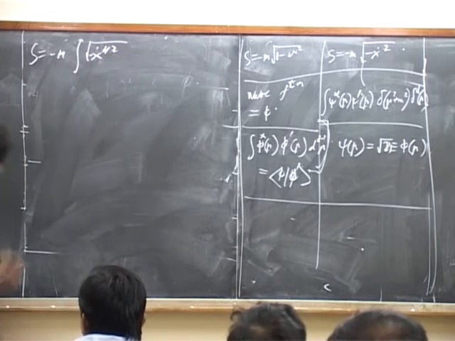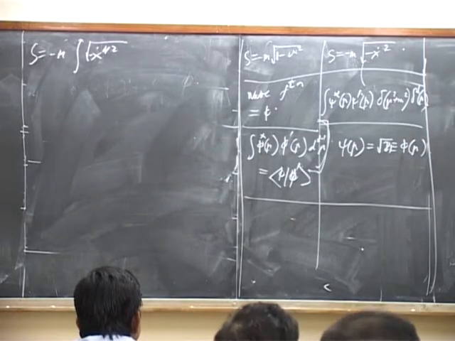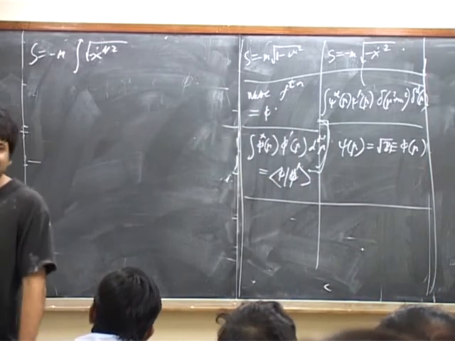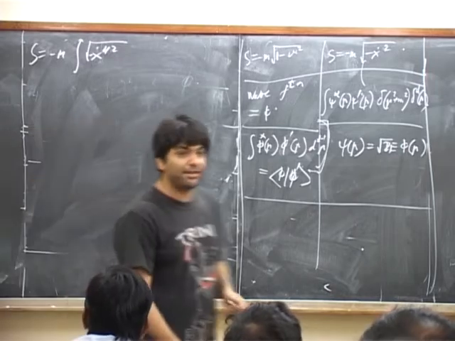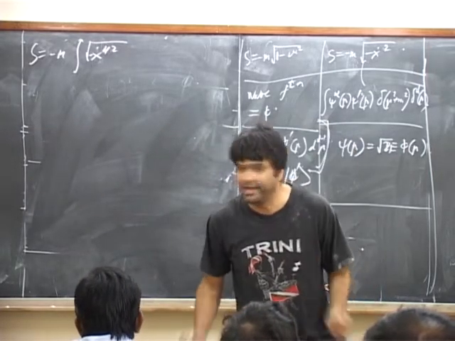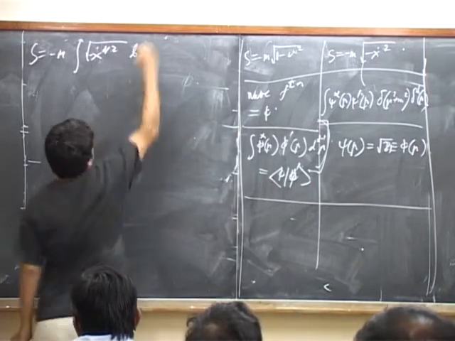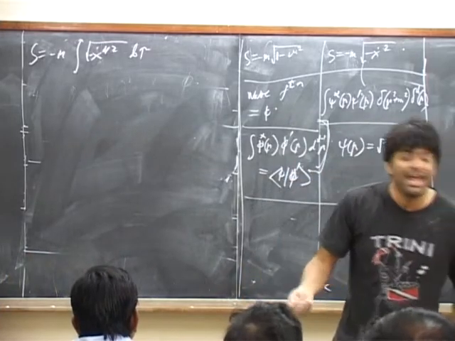While this is a perfectly legitimate action, it's a little odd and a little ugly because it has this horrible square root. When you're dealing with something as simple as a free particle, you can deal with ugliness, but when you do things that are more complicated, the ugliness will come and kill you. So, question: can you take this action and rewrite it in a way that's classically equivalent that makes it look pretty?